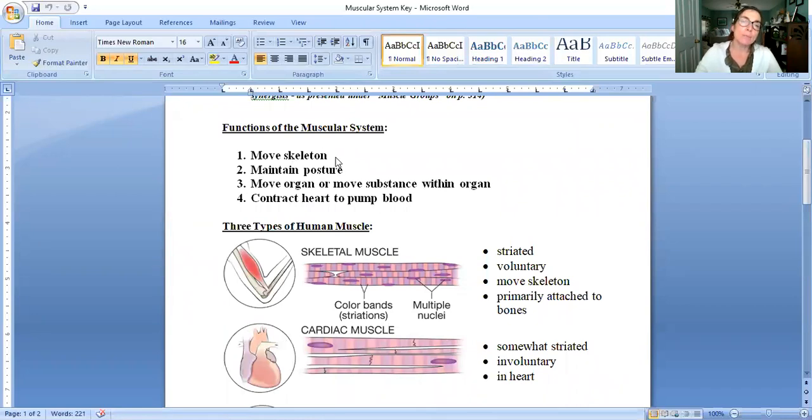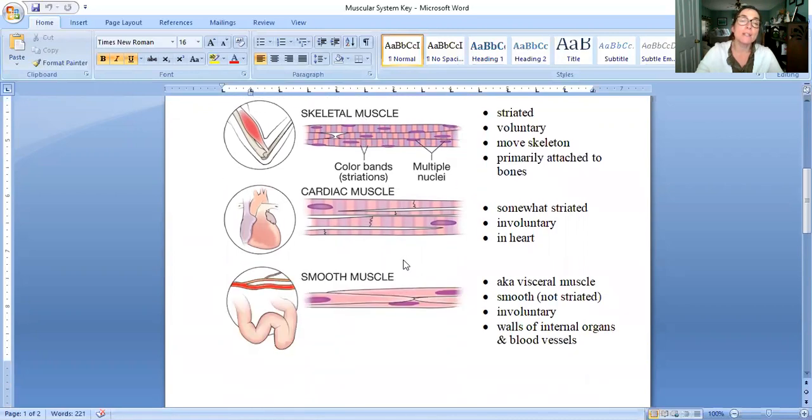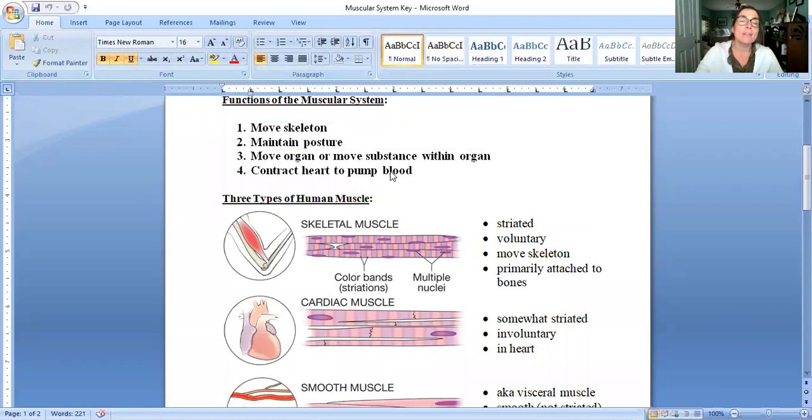So this movement of the skeleton and posture are accomplished by the skeletal muscles. Moving an organ or a substance within an organ, those are accomplished by what are called smooth muscles. And then, of course, the muscle that contracts in the heart in order to pump the blood is called cardiac muscle.